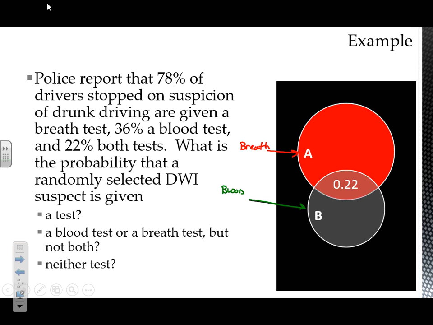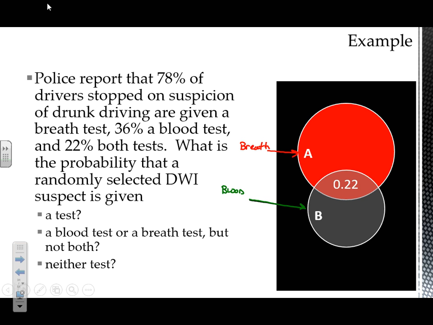So when we say that 78% of all drivers get a breath test, that means the entire circle A has 78%. But we've already taken 22% in the overlap. So what we're actually trying to fill in here is how many drivers, or what percent of drivers, get a breath test, but not a blood test.